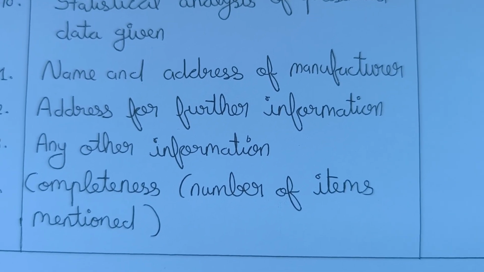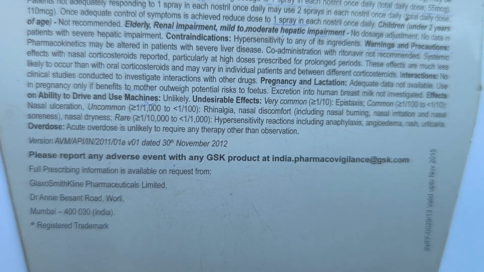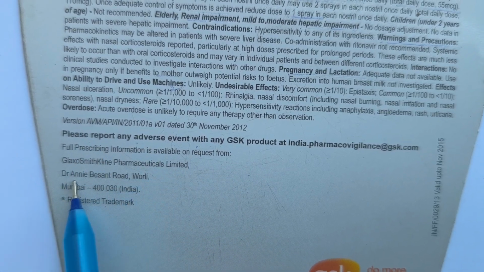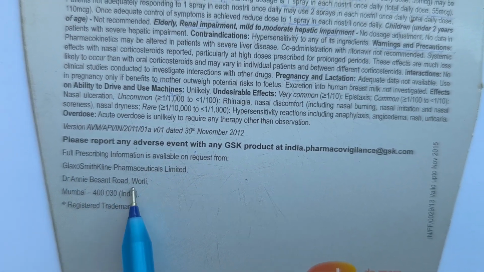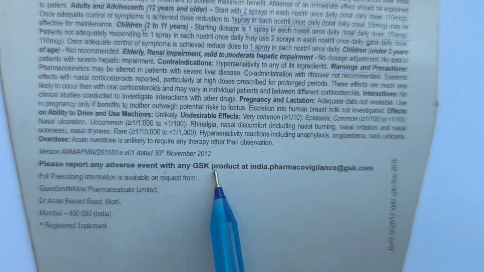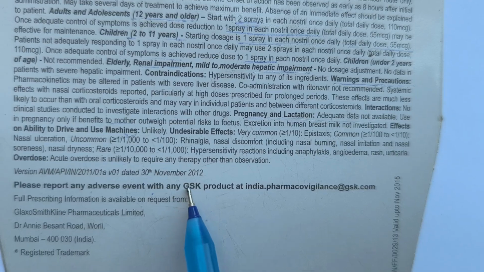Then name and address of the manufacturer. So it is given at the end. This is the address of the manufacturer. Here the website is also given for reporting if any adverse event occurs.